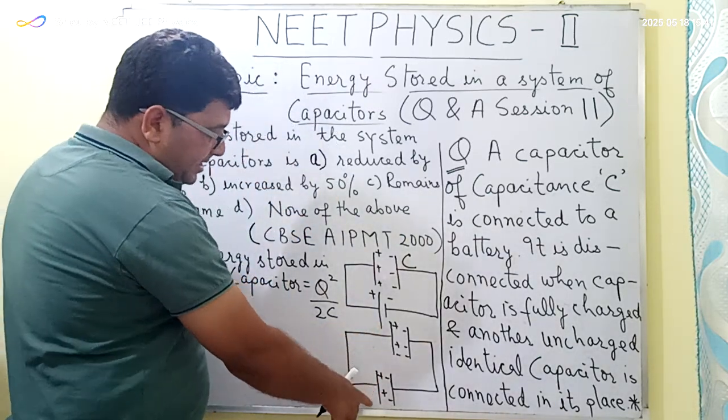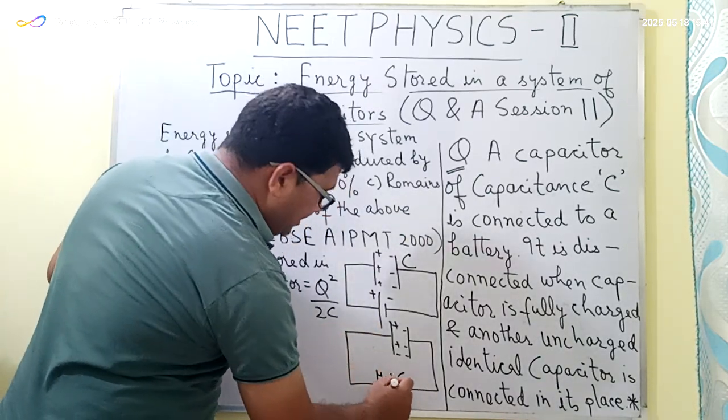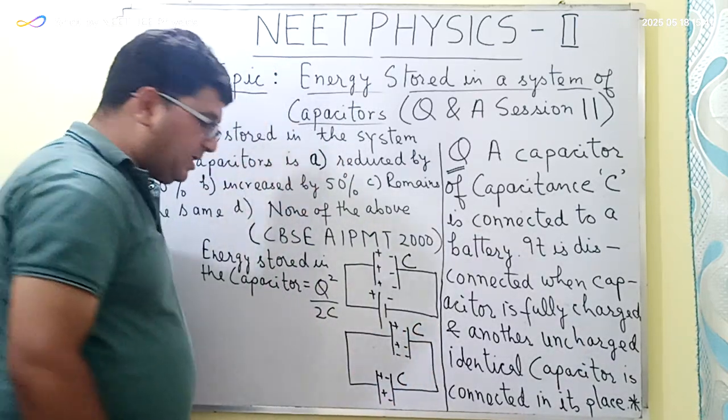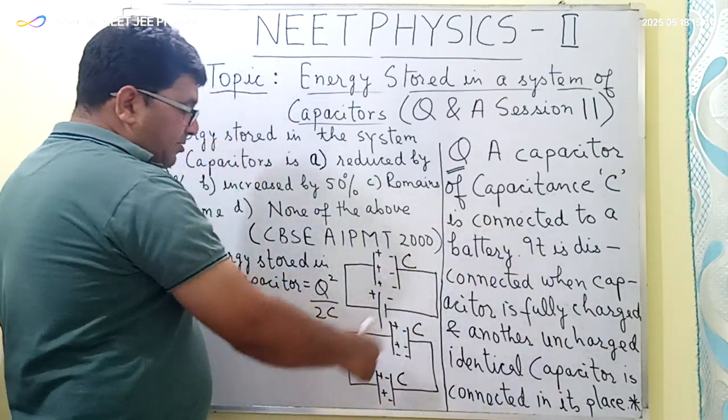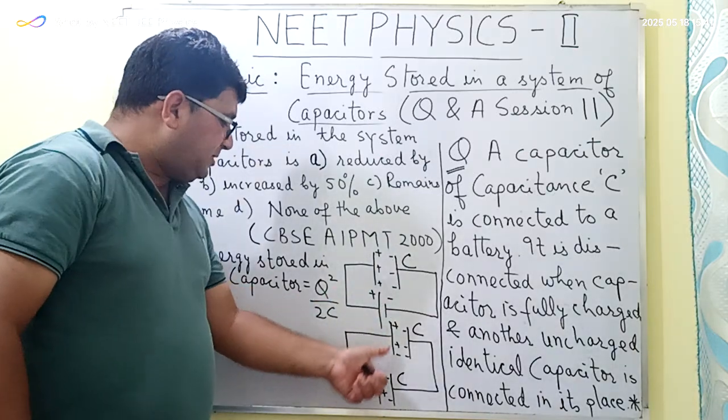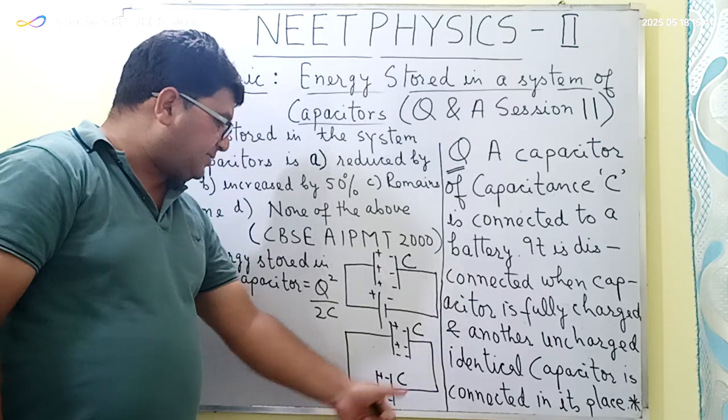The capacitance of this is also C. So this is connected across this capacitor after removing the battery. So now both these two capacitors are in parallel as seen from this figure.